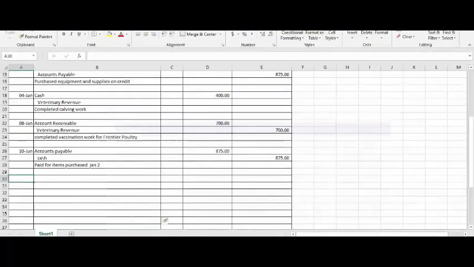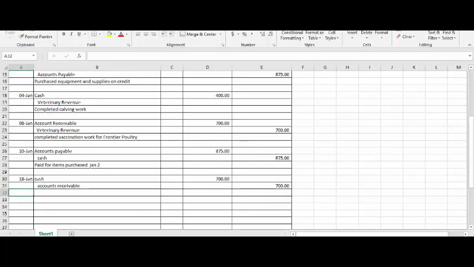January 18th, we got paid by Frontier Poultry. So now our cash is going to go up by $700. And just like we did with accounts payable, we're going to make the opposite entry for our accounts receivable, and that will eliminate the balance in our accounts receivable.